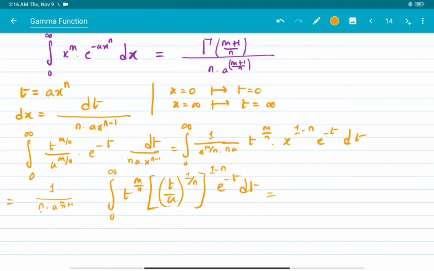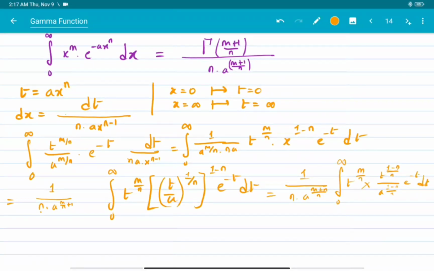And we can write this as 1 over n times a to the power m plus n over n, and this integral from 0 to infinity, t to the power m over n times t to the power 1 minus n over n, and e to the power minus t dt.